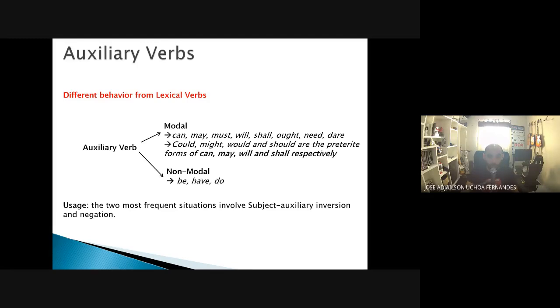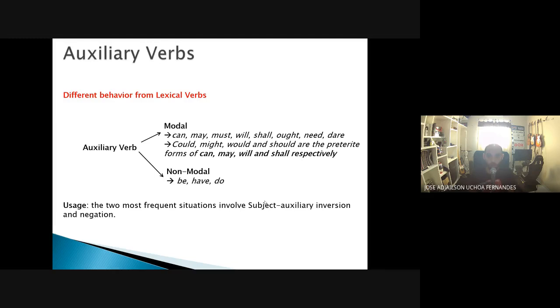We are starting today what's supposed to be our last theoretical class on syntax. Today the topic is auxiliary verbs. We have been studying what we call the lexical verbs. The class before, we discussed lexical verbs. Now, what are lexical verbs?